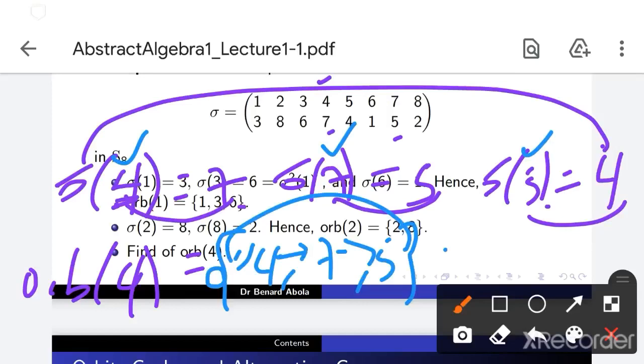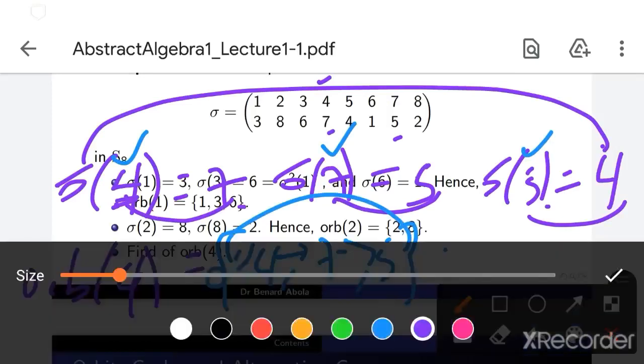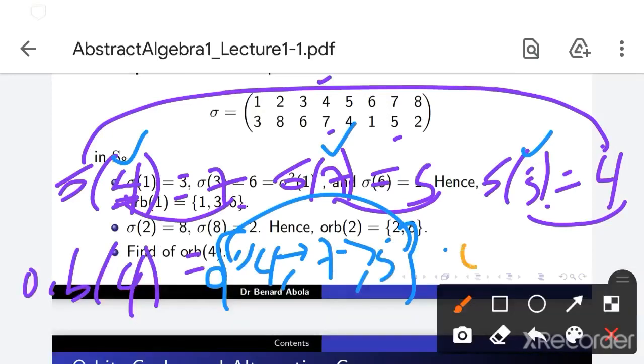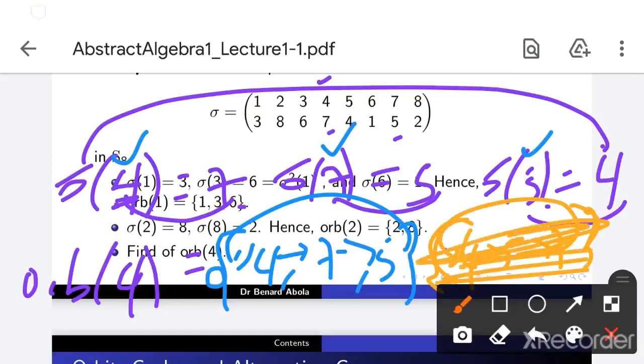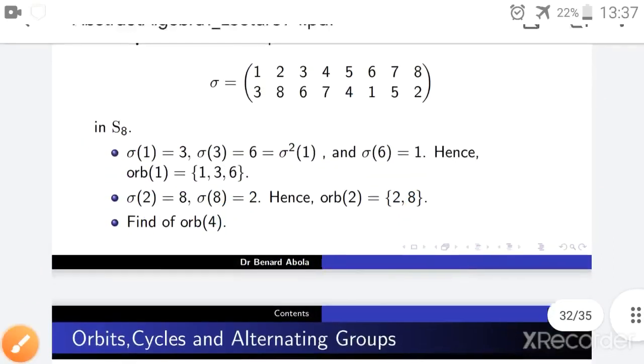Don't try to rearrange them, for example writing 4, 5, 7, because then you have interchanged the orbit: 4 doesn't give you 5, and 5 doesn't give you 7, and 7 doesn't give you 4. So that is not an orbit. The orbit is this. Hope you have understood the orbit thing.